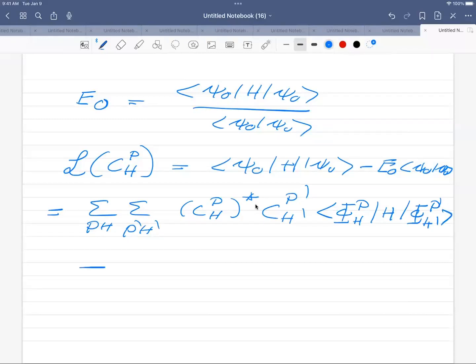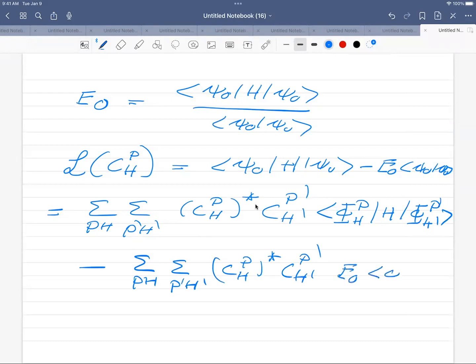And this is minus the term which now runs like a double sum over PH. And then I have C of HP complex conjugate again, C of HP, and then I have my term E0, and then I have these overlaps of H of P. And we know that these states are orthogonal to each other, so that is just going to reduce to a single sum over P and H. So what I'm going to do now is to optimize this term with respect to the complex conjugate, C_HP.